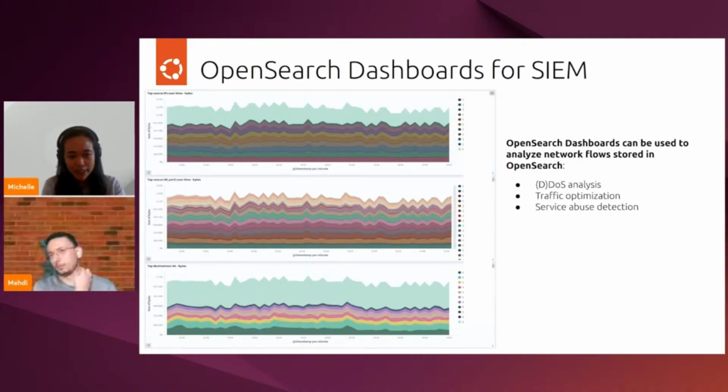For example, if a machine is getting flooded by a specific UDP packet, for traffic optimization, you can detect packet storms due to internal technical issues and see why things are not optimized, and make intelligent decisions and understand where it is coming from, which is also related to the service abuse detection. So in this case, you can see in the sample where we showed that specifically for the service abuse detection.